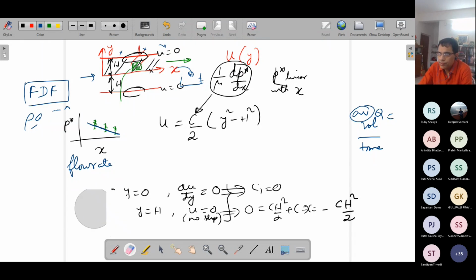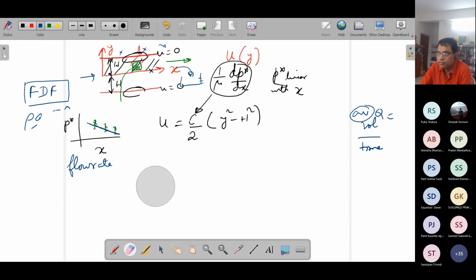So to do that, what I will do is I will find out the flow rate first. So Q is equal to what? Flow rate is nothing but the integral of the velocity over the cross section, u dA. dA is dy into 1.